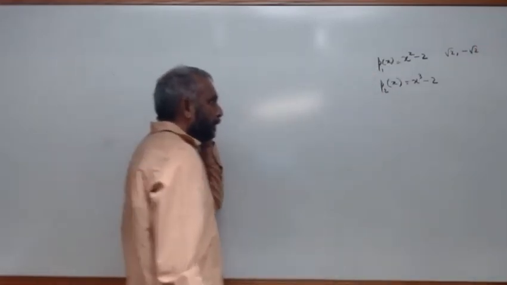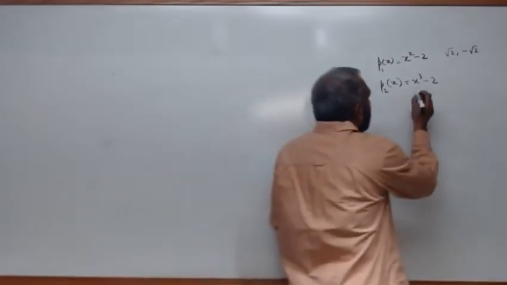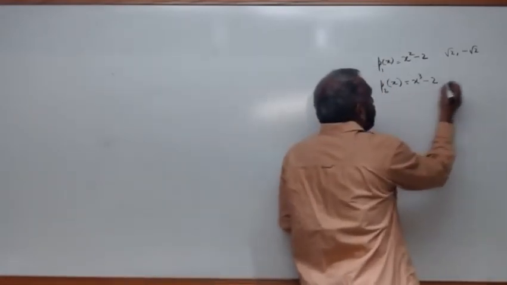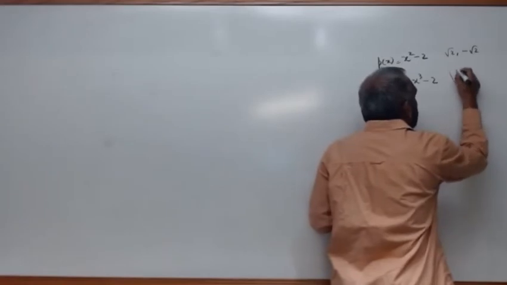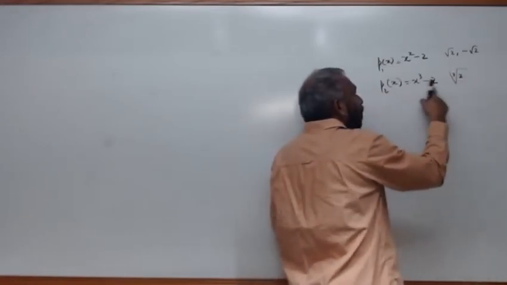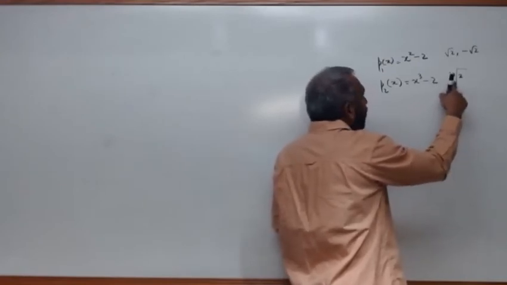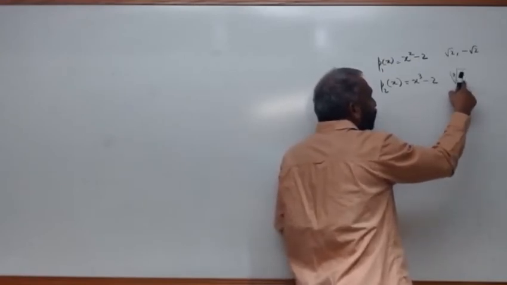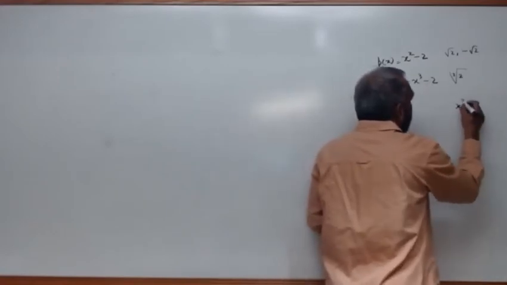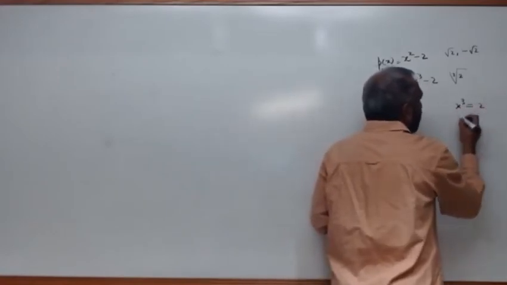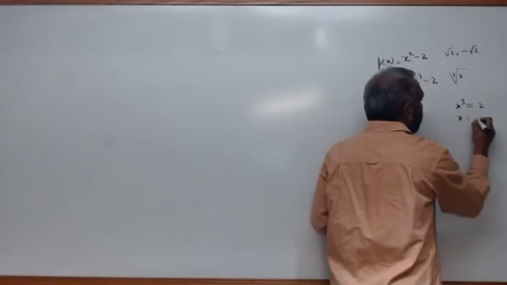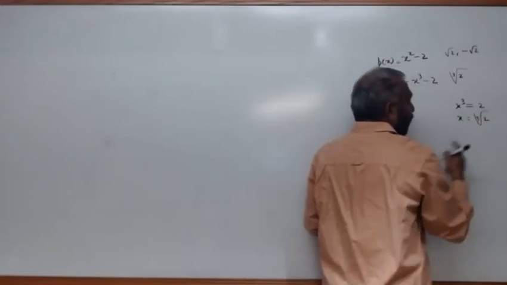Here, one of the real roots we will write as the cube root of 2. We have 2 more complex roots. We are not going to deal with that right now. So when I say cube root of 2, actually, x³ = 2, then we normally write it as x equals cube root of 2.